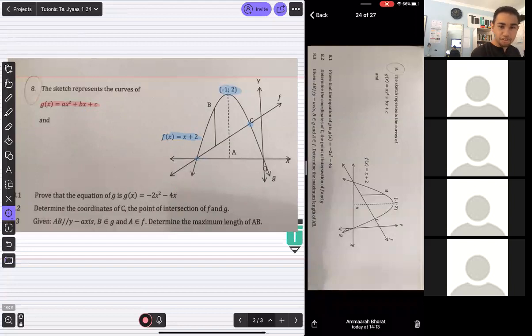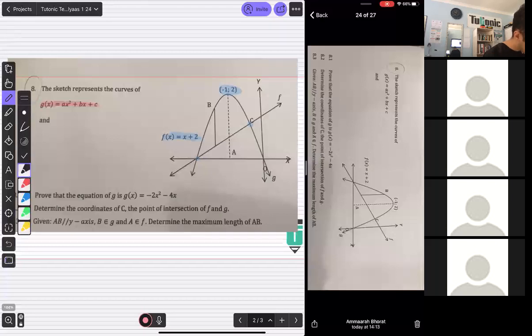Okay. So now all we have to find is A and B. We already know that A is negative, so now we have to work out A and B. We can sub in points. We can sub in 2 and minus 1, so y is 2 and x is minus 1.